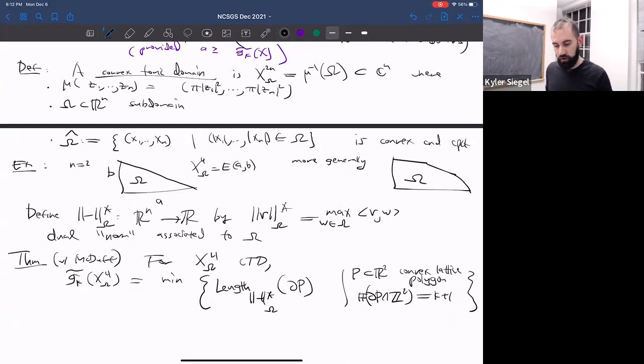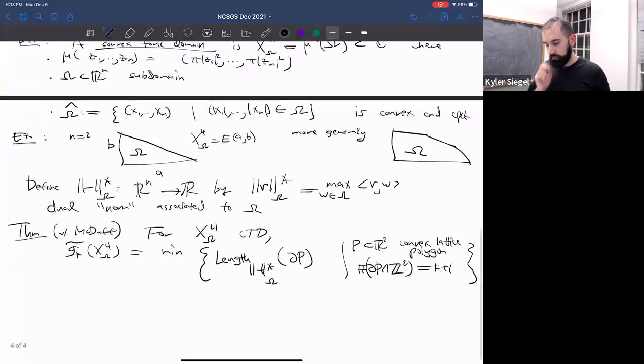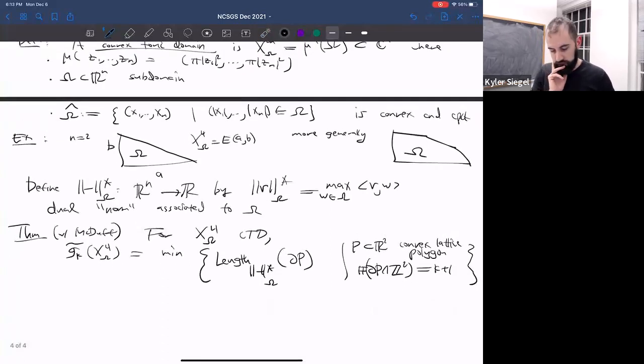So again, it's not quite a norm because it can take on negative values, but you can just compute length with respect to it as if it were a norm. Okay, so the geometry of omega enters into this way that we measure length.